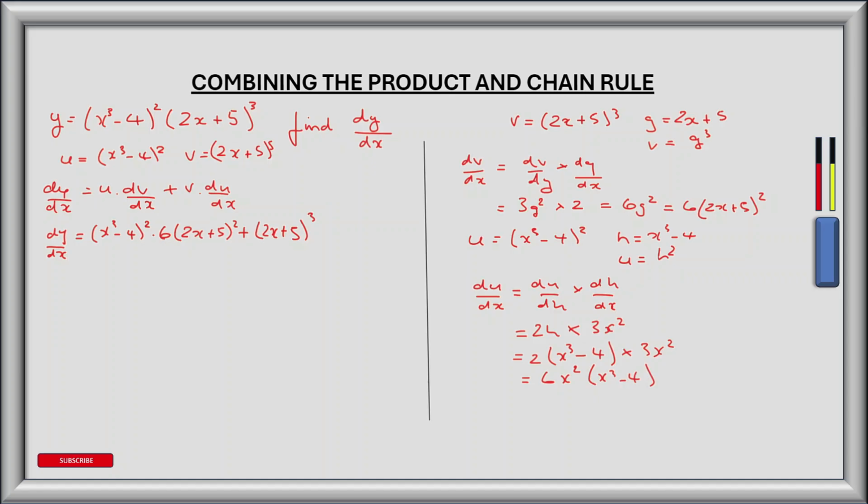If we go over to the left hand side and put that in our equation, it's multiplied by 6x squared (x cubed minus 4). So we can now tidy this up a little bit and say dy by dx is equal to, so we need to factorize this expression. We can take a 6 out and an (x cubed minus 4), and we can remove (2x plus 5) squared.